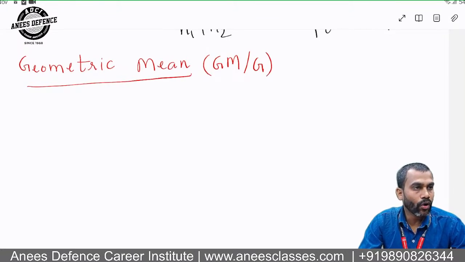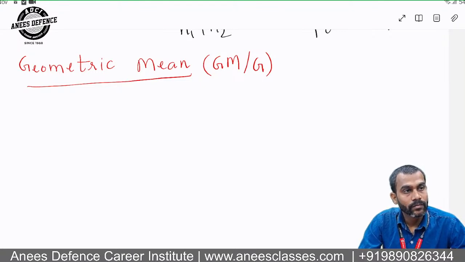Can we say nth root of product of all the observations? Like we say arithmetic mean is the sum of all the observations divided by the number, the average.